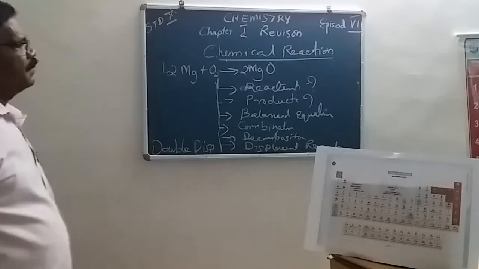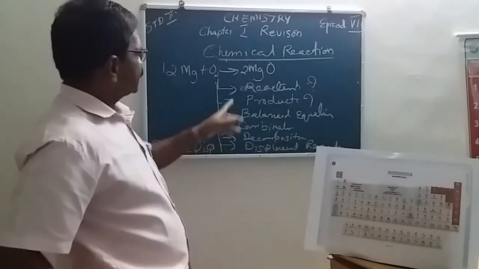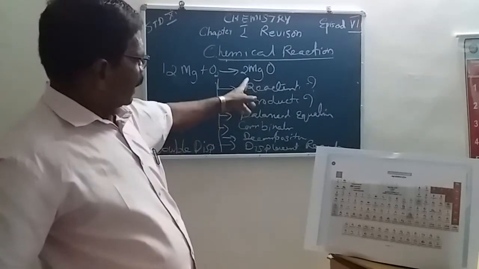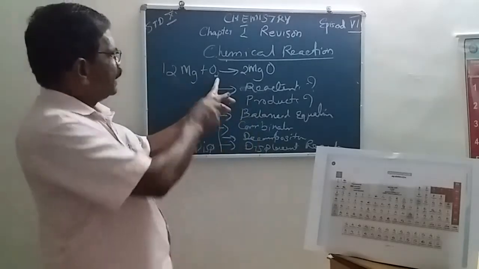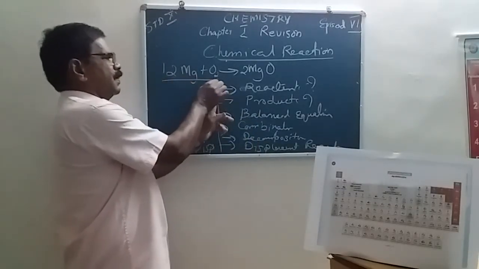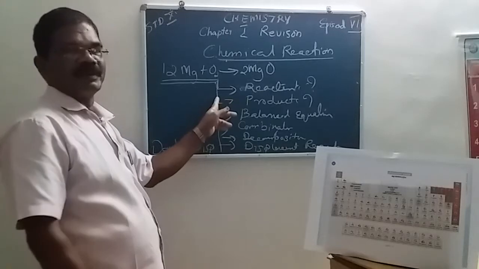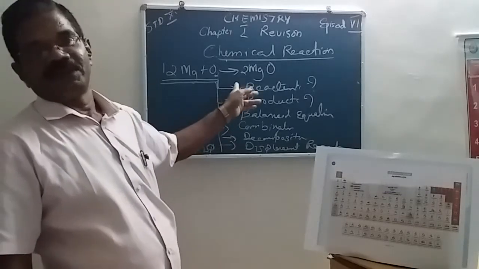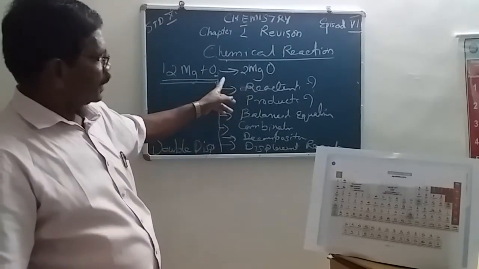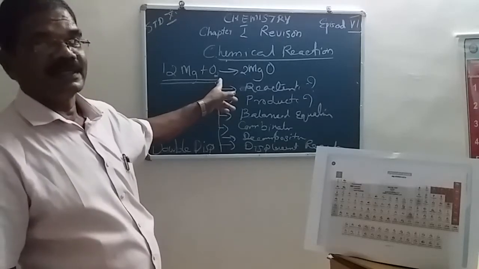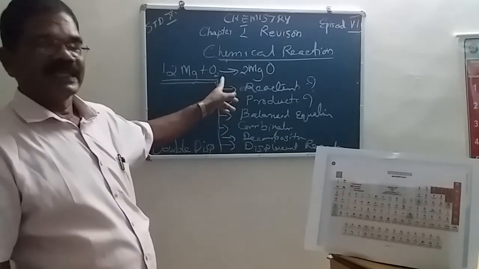On this reaction you can note the following: whether it is a balanced equation. We have already learned how to balance an equation. The note given to you clearly mentions how we can balance a chemical equation.